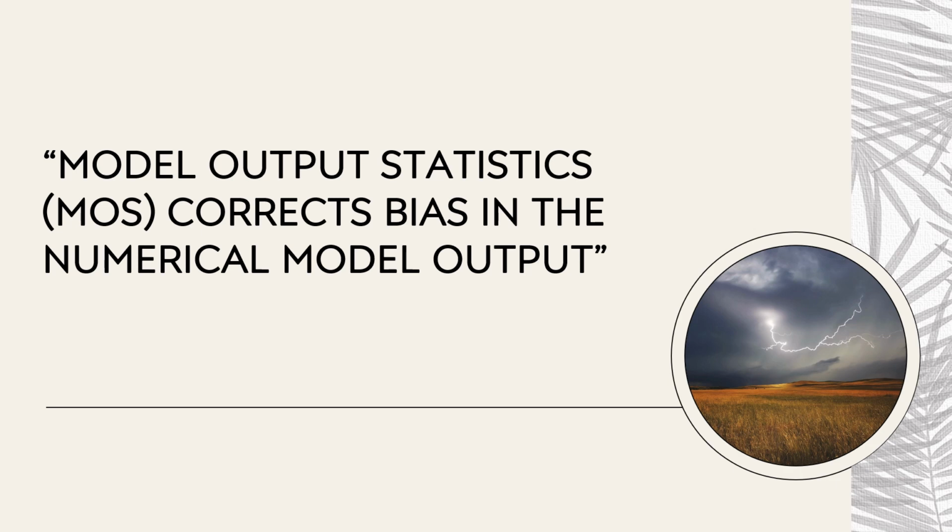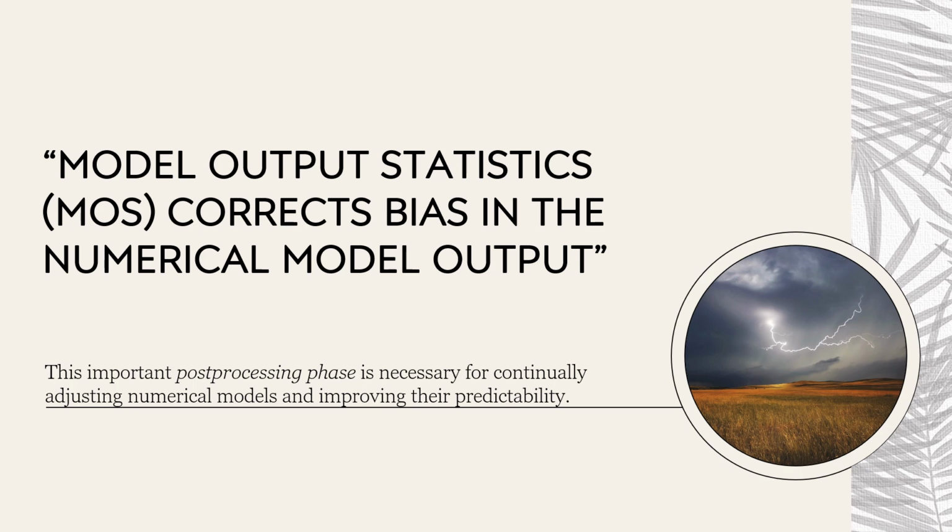So again, model output statistics, or MOS, corrects bias in the numerical model output. This important post-processing phase in numerical prediction is necessary for continually adjusting numerical models and improving their predictability.